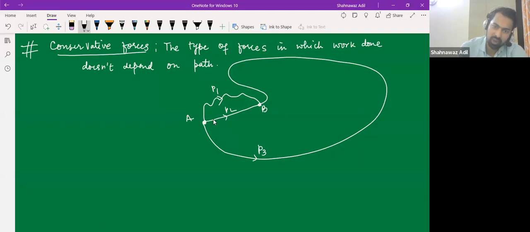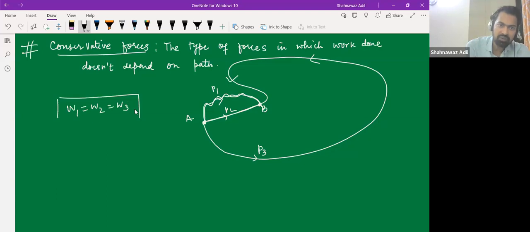Whether you bring the object following this path or this path, in all these three cases the work done would be the same in the case of the conservative force. Is this part clear? Yes, sir. This is the first thing.